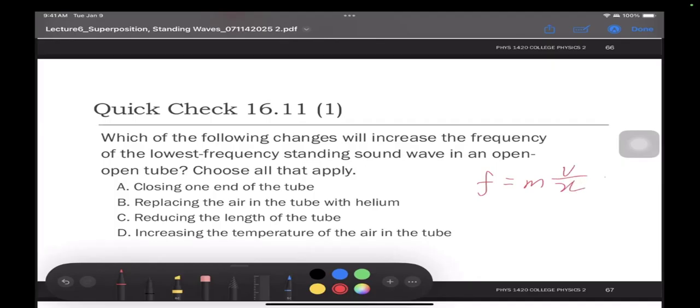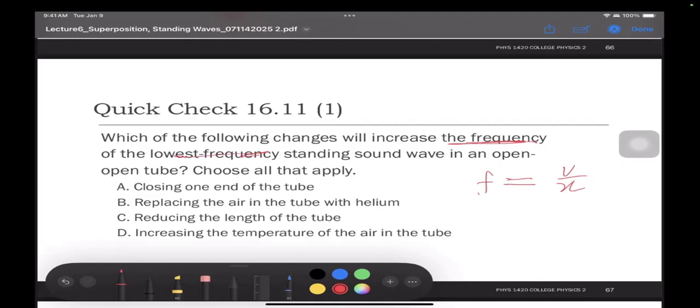Am I right? Because it is the lowest frequency, this n should be 1. Does that make sense to you? Yes, this n should be 1.